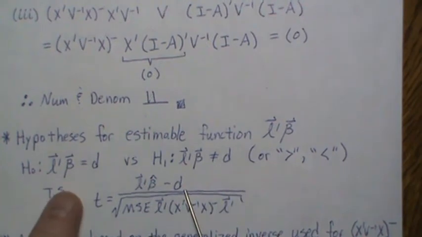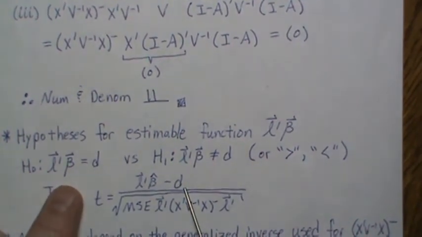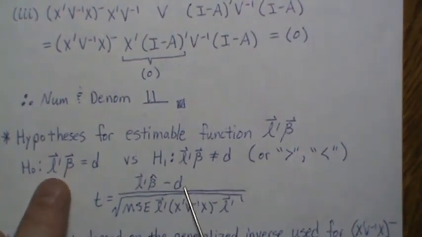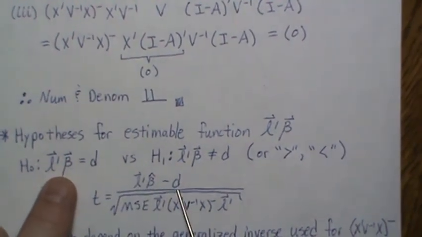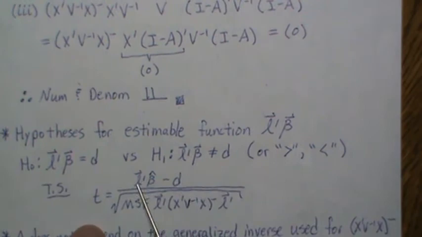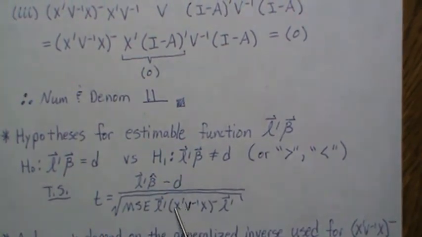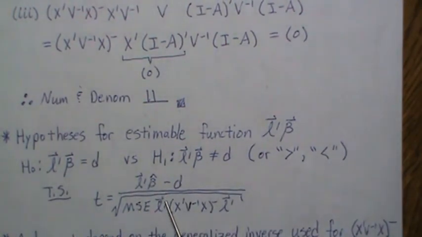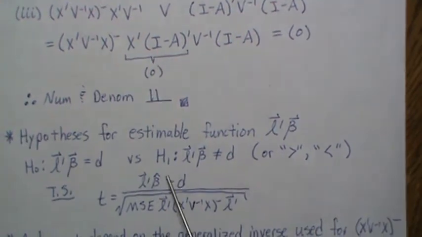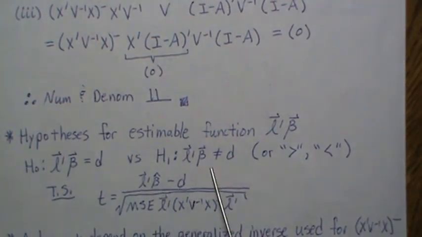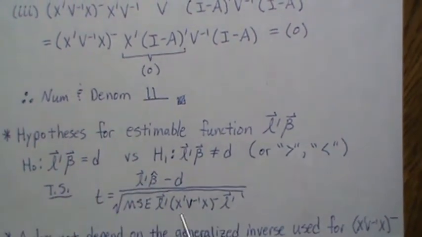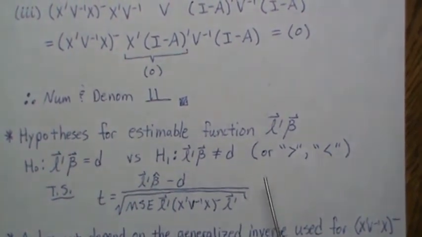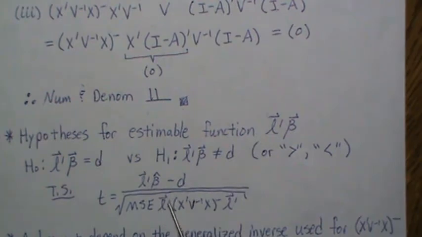Now the random variable had L prime beta here, but under the null it's d. And so if the null hypothesis is true, this is a t-distribution, and it's probably in the middle-ish of that distribution. But if it's not d, then this difference becomes large, and then it's shoved into one of the tails, into the rejection region.